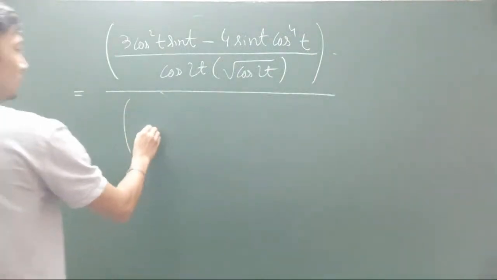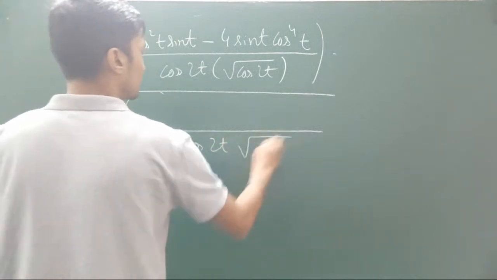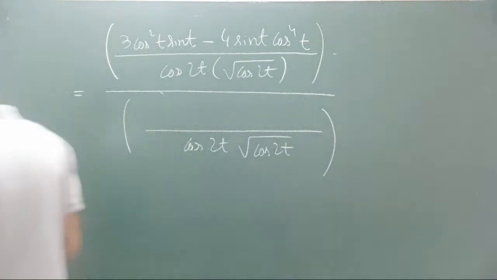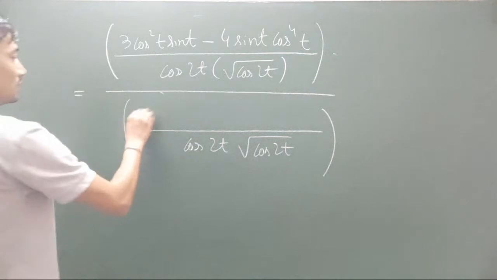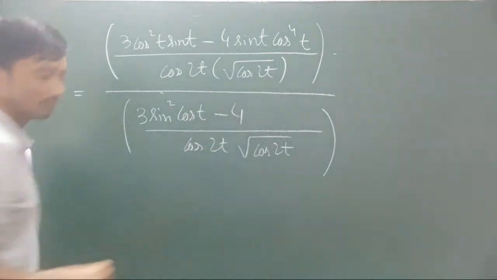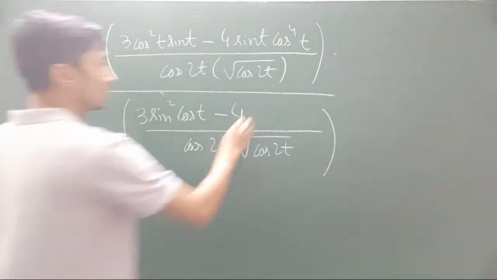And for dx by dt, one thing that I remember was the denominator was the same for both the functions. Numerator only I have to check now. Numerator was 3 sine squared t cos t minus 4 sine power 4t cos t.